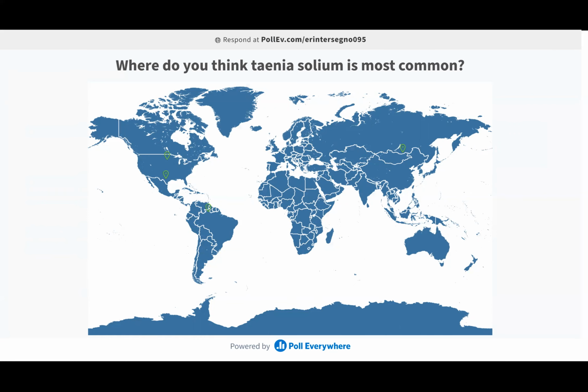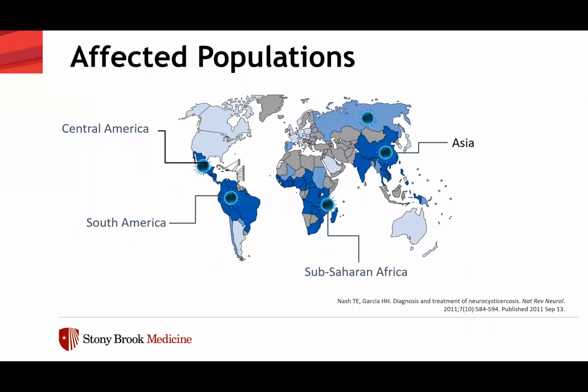So cysticercosis is actually most commonly seen in endemic regions like Central and South America, Sub-Saharan Africa, and Asia, including Southeast Asia, China, as well as India, where pigs are raised in close contact with humans and sanitation is generally considered poor. So cysticercosis or NCC mainly affects lower middle income countries.